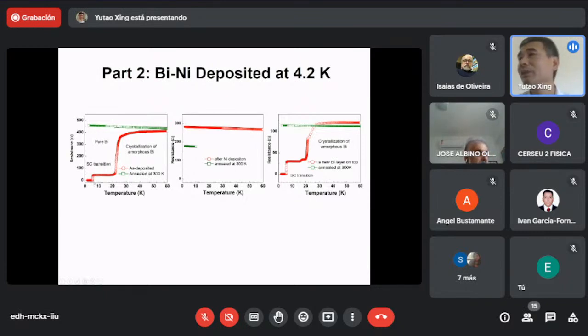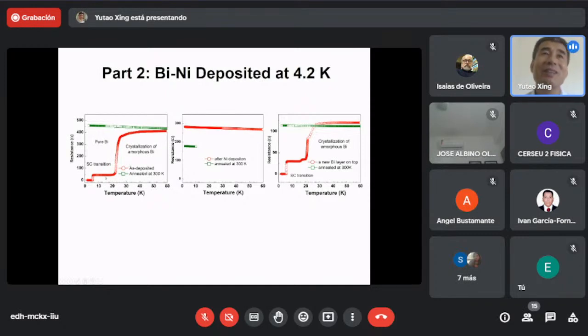The first transition is the superconducting transition of amorphous bismuth. As I said at the beginning, amorphous bismuth is a superconductor with TC around 6 Kelvin. So the first transition here is the superconducting transition. And the second one is the crystallization of amorphous bismuth to crystalline bismuth.